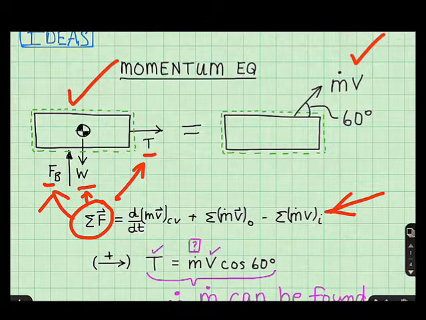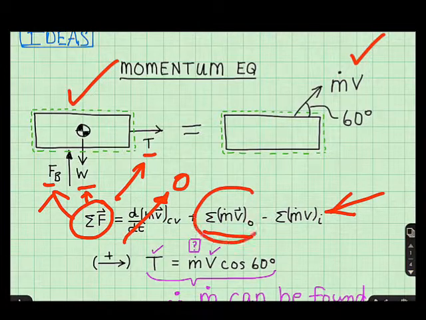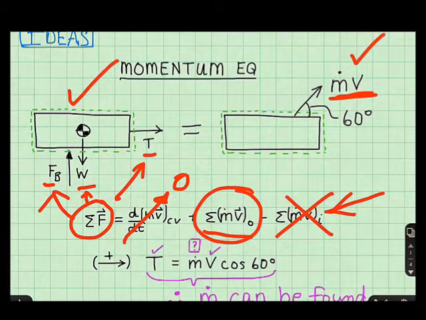The accumulation of momentum, this term, is 0 on this problem. The simple explanation is if the control volume is stationary, this term will basically always go to 0. The momentum outflow term, this one right here, is represented by this vector, and there's no momentum coming in, so I can drop that term.